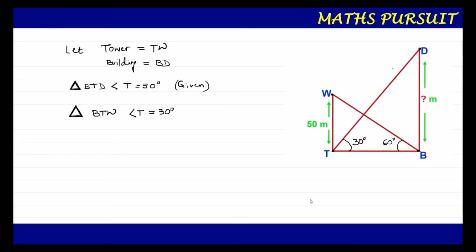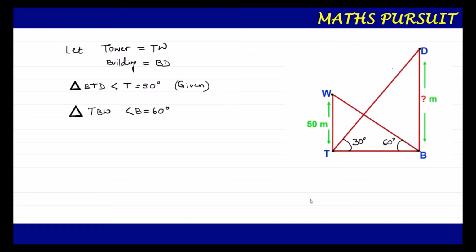Guys, in the first triangle BTD, angle T is equal to 30 degree, and in the second triangle, that is triangle TBW, we are focusing on triangle TBW. So I can write, in triangle TBW, angle B is equal to 60 degree.